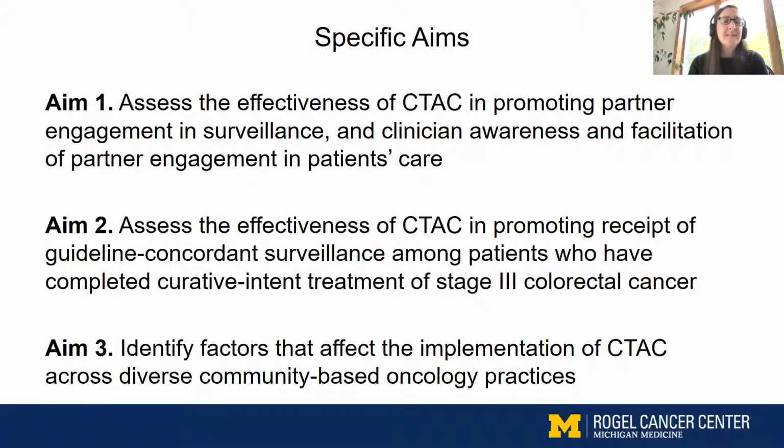The specific aims of this are to determine the effectiveness of this intervention in promoting partner engagement in surveillance and clinician awareness and facilitation of partner engagement in patients' care, to test the effectiveness in terms of guideline concordant surveillance amongst patients that have curative intent stage 3 colorectal cancer, and then identifying factors that affect implementation in community-based practices.